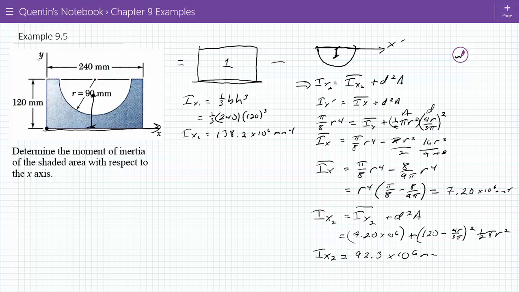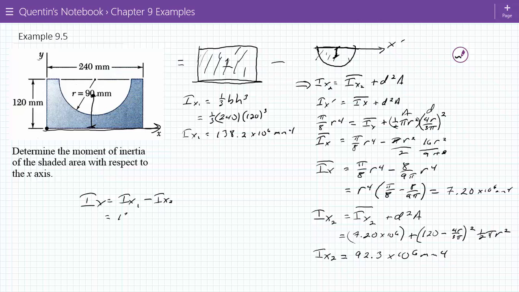But lest we forget what we were actually trying to do, we are not trying to find Ix1 or Ix2, we were trying to find Ix. And remember, this is a positive area we're adding, and this is a negative area. So really, Ix is Ix1 minus Ix2.